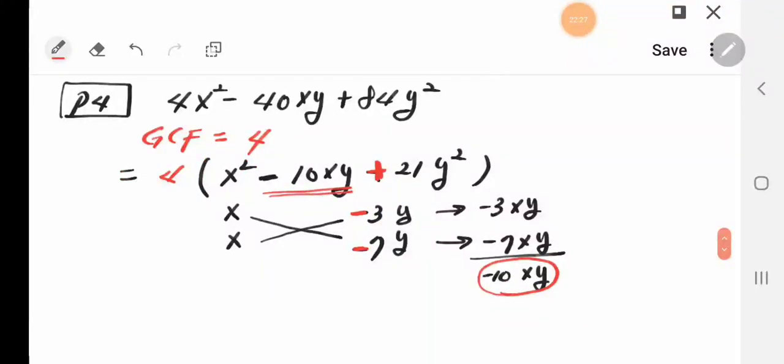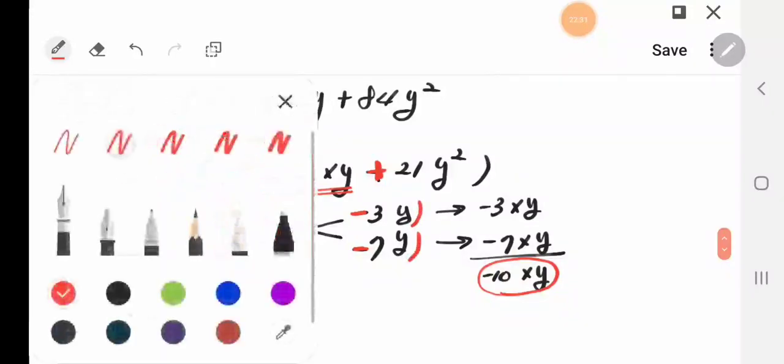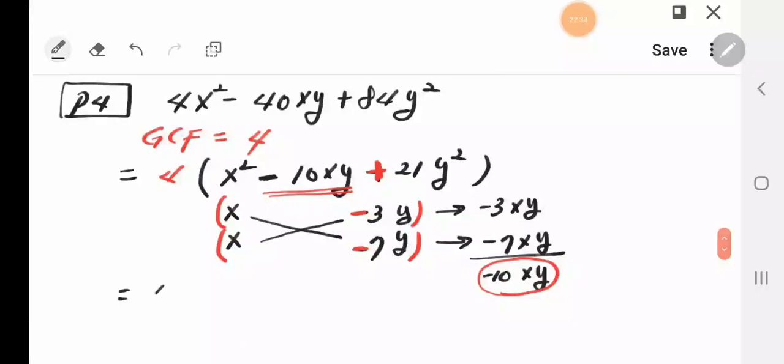So the result is the first line and the second line: 4 times x minus 3y and x minus 7y. Done. We will use this method for the next section as well. So please practice. There are so many exercises in the textbook. Do the homework so that you can utilize this method.